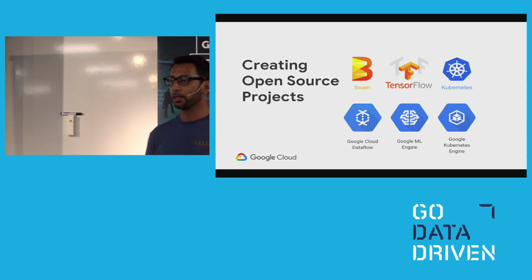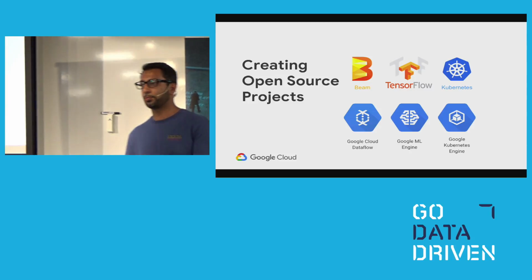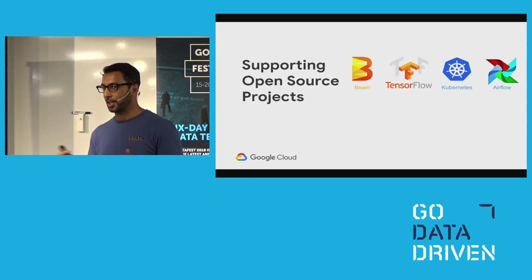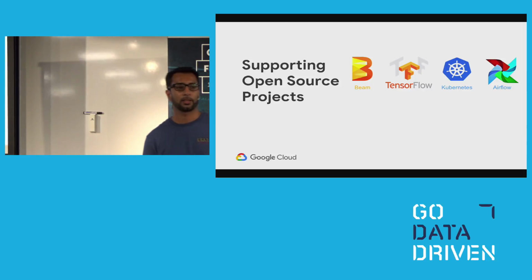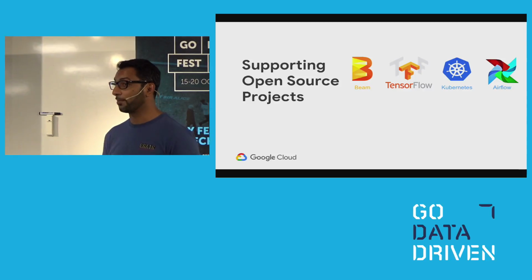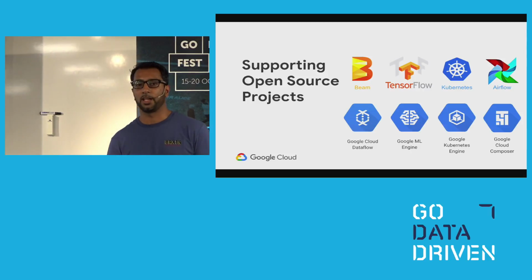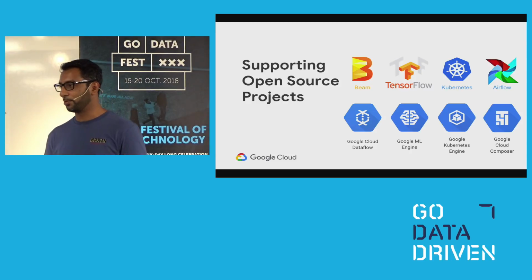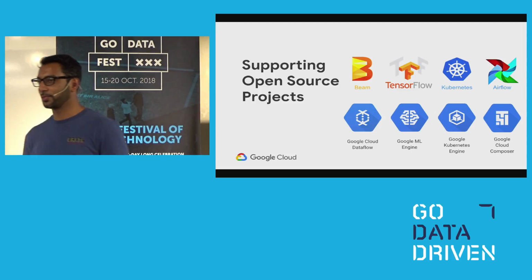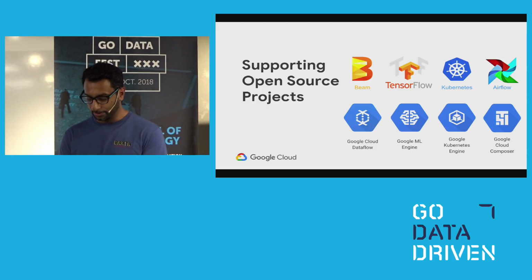But about a year ago, instead of just creating open source projects and supporting those, Google decided to also start supporting external open source projects. One of the first ones was Airflow, and they turned that into a product called Google Cloud Composer, which for me was awesome, because the reason customers weren't using it was the whole setup. Now they had an easy way to start using it.